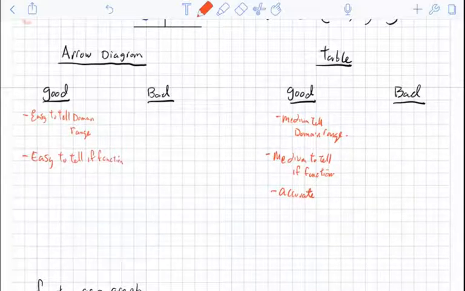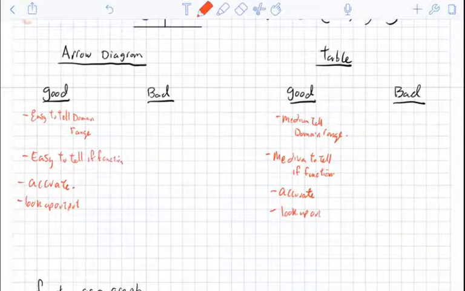Same thing for these arrow diagrams. And both of these, it's easy to look up. Might be slightly easier in an arrow diagram than a table, but in either, it's easy to look up the output. It's just straightforward. You just look at it in the list.